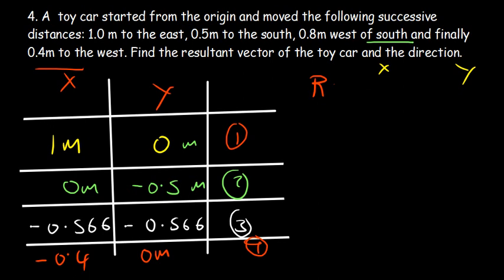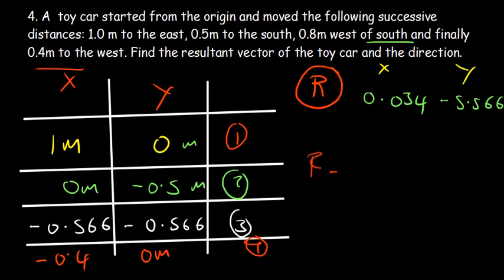So what we have is a positive 0.034. For the y, we have negative 0.5 minus 0.566. Okay, so ultimately the result is negative 5.566, right? So we have the x and our y components for our resultant vector. So we can use that to come up with our magnitude and also our direction.